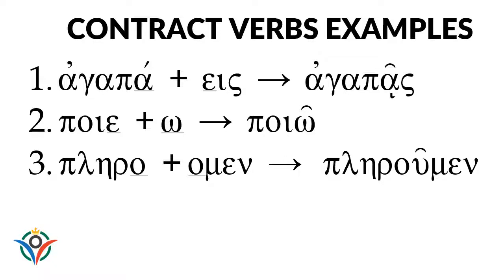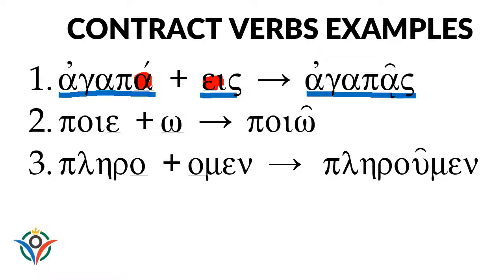So you're familiar with agapaō, and we see there that the contract vowel is an alpha. And if it meets the verb ending eis, all right, so here we've got the diphthong epsilon iota, then the new form is going to be agapais.